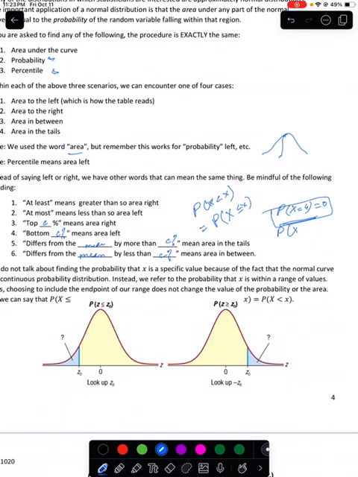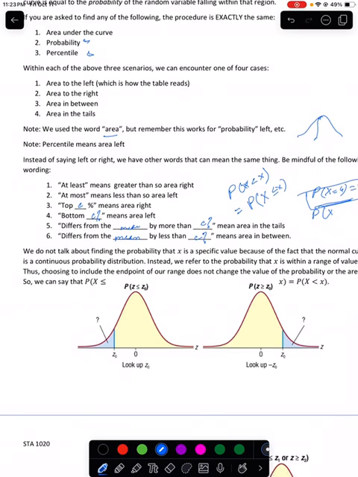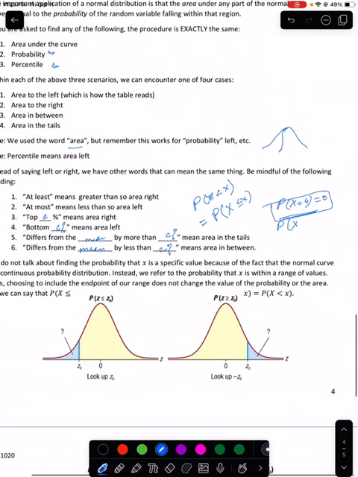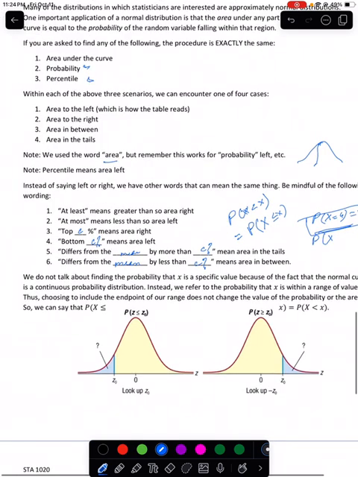Okay, so it is continuous probability. Instead, we refer to the probability that X is within a range of values, and thus choosing to include the endpoint of our range does not change the value of the probability or the area.